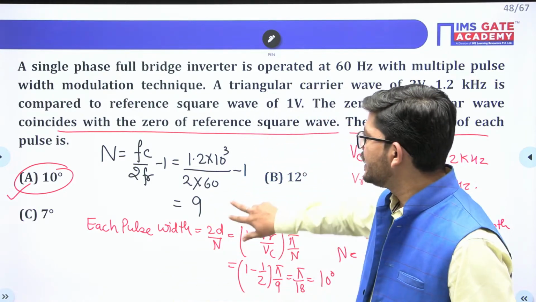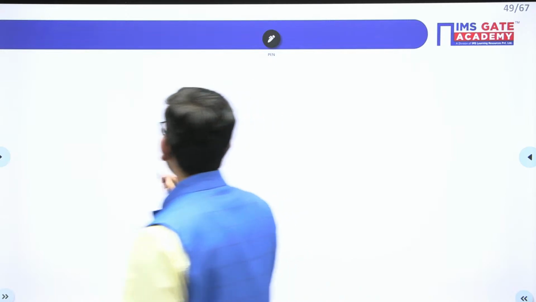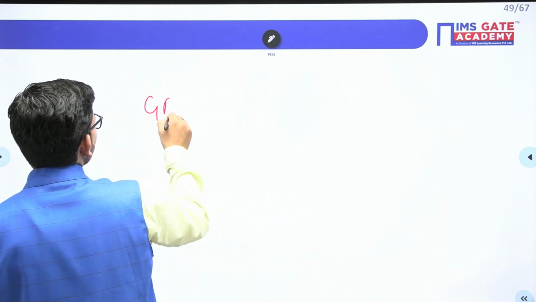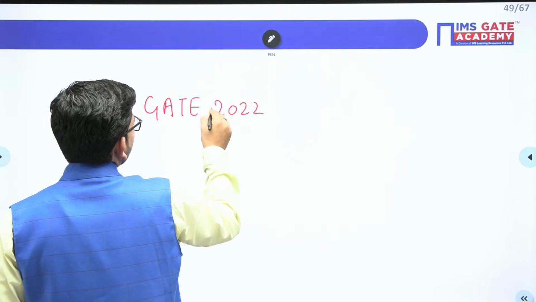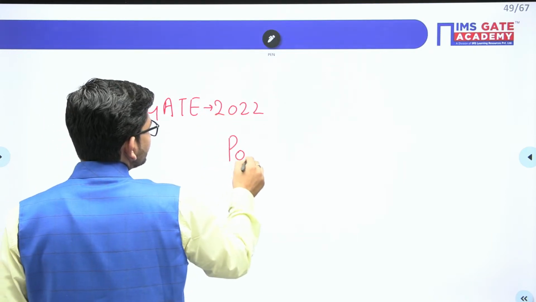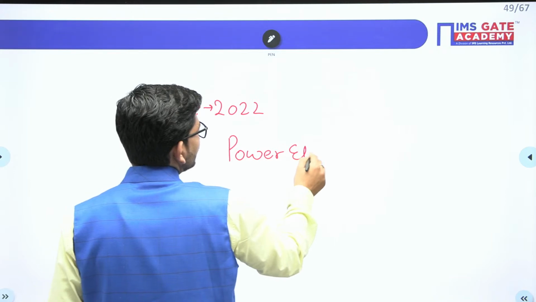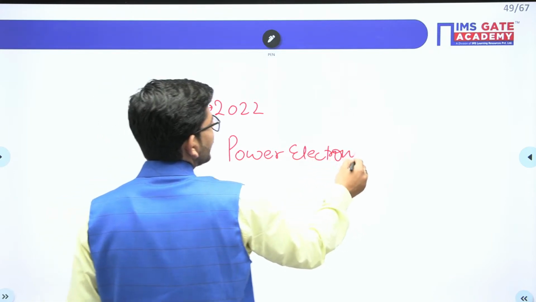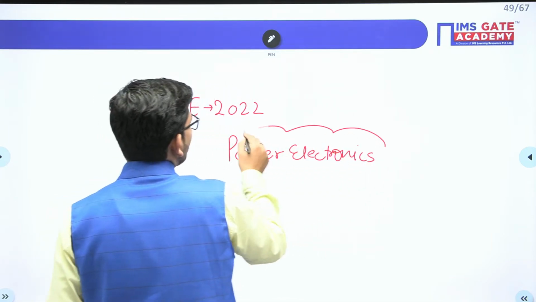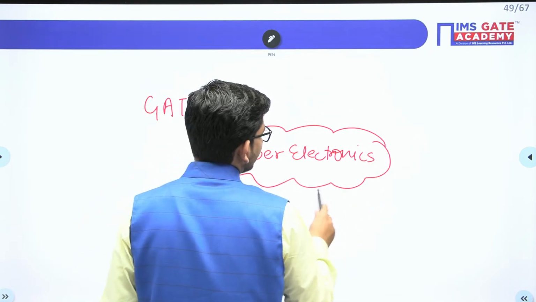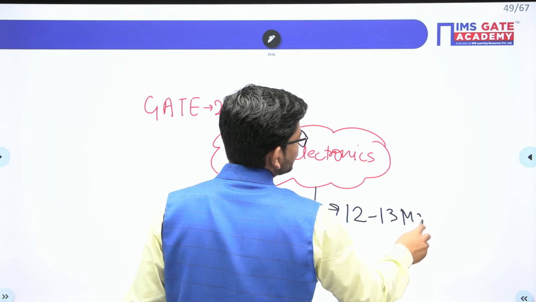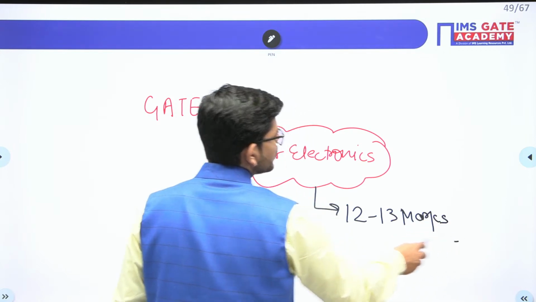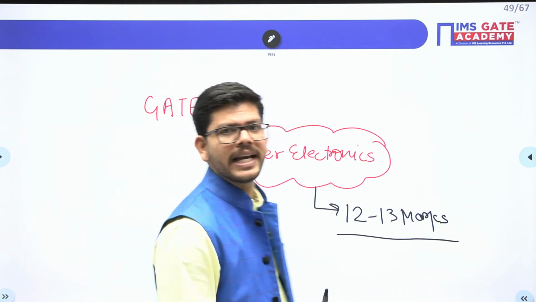In GATE 2022, power electronics had 12 to 13 marks of questions, and those questions were really very easy.